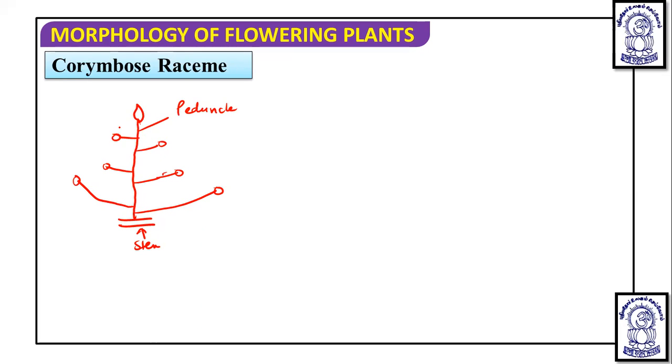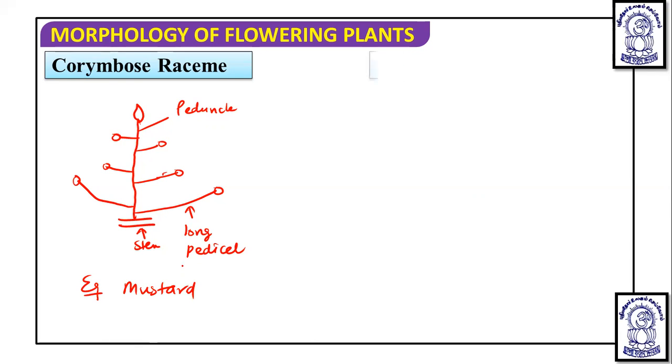In such a way you will see the long pedicel is present, so it is satisfying the criteria of corymb, and it is showing an acropetal arrangement, so it is showing a raceme. So it follows both characteristics, and it is known as corymbose raceme. And this corymbose raceme is actually found in mustard.